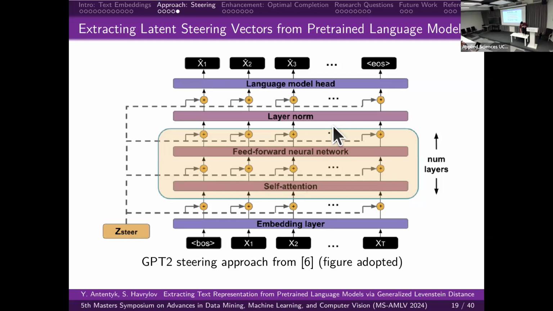Yes, maybe one more question from my side. I don't have much practical experience with extracting embeddings, but at least in theory, it seems to me that, for example, when we talk about BERT, it has this CLS token that in theory should summarize the context of the sentence.